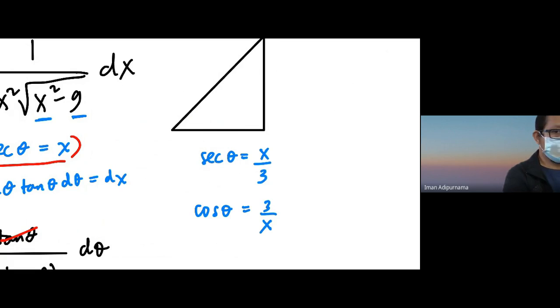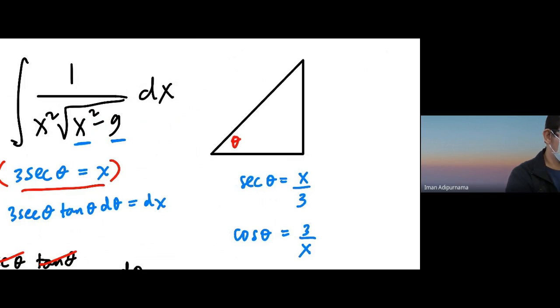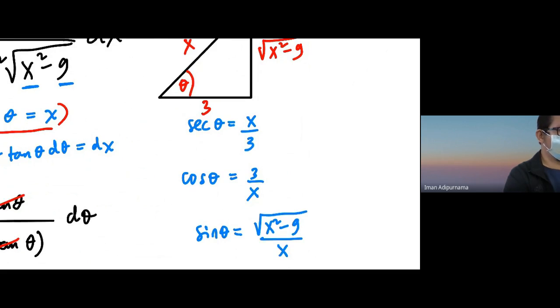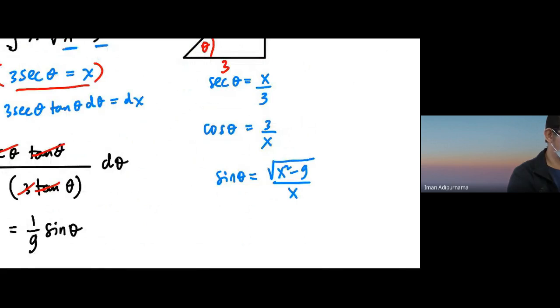So we have a theta here, with 3 and x, and the other side will be the square root of x squared minus 9. So from here, our sine is this, and we can write the solution in terms of x: the square root of x squared minus 9 over x, plus c. Don't forget the plus c.